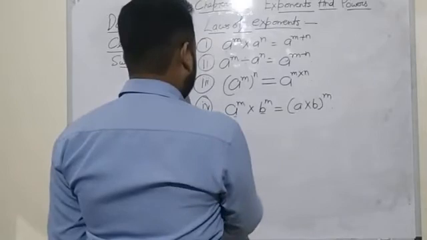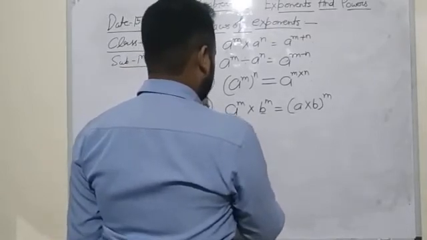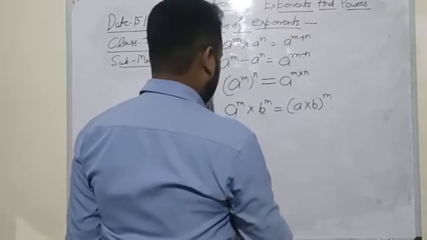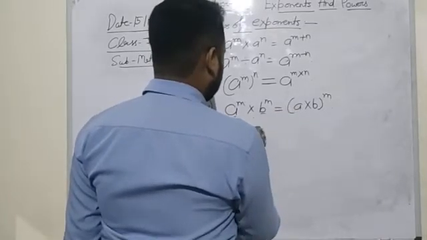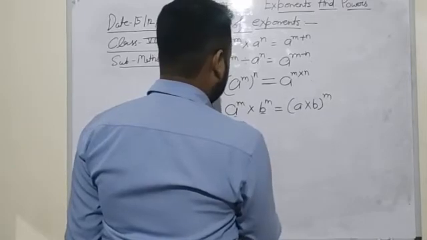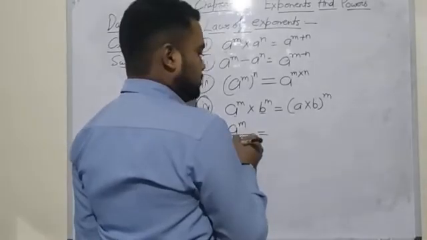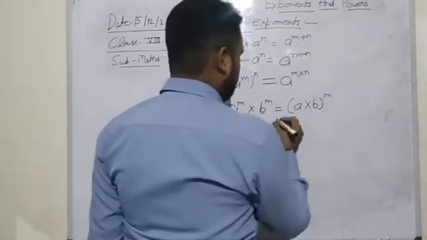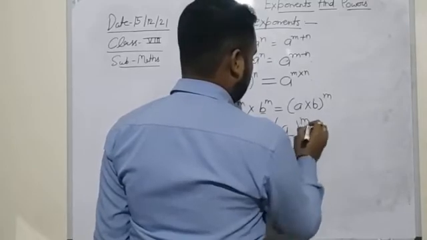And for fifth, a to the power m upon b to the power m. If the bases are different and the powers are the same, then it will be a upon b whole to the power m.